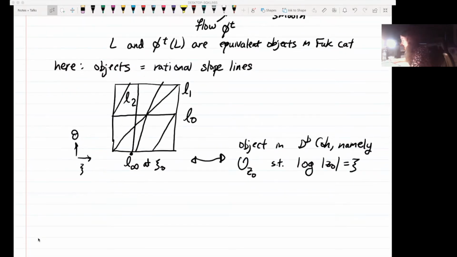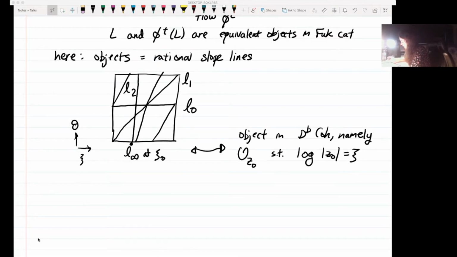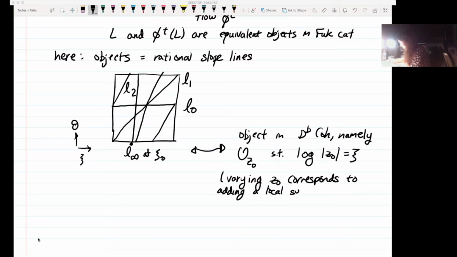So there's more than one z0 with this particular absolute value, and that corresponds to adding a local system as part of the data on the Lagrangian.